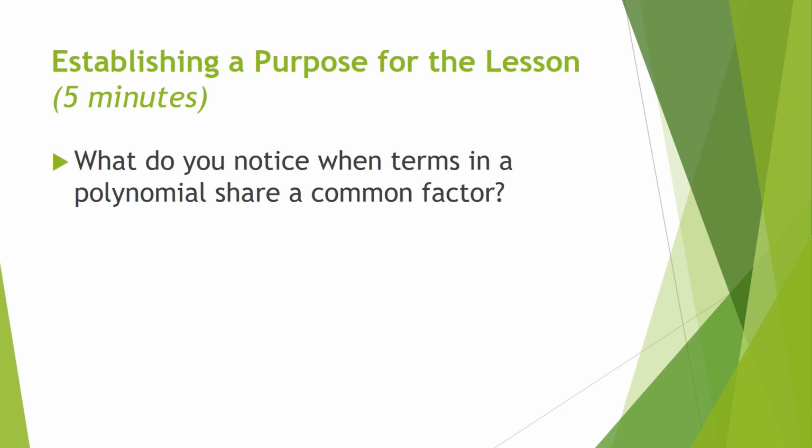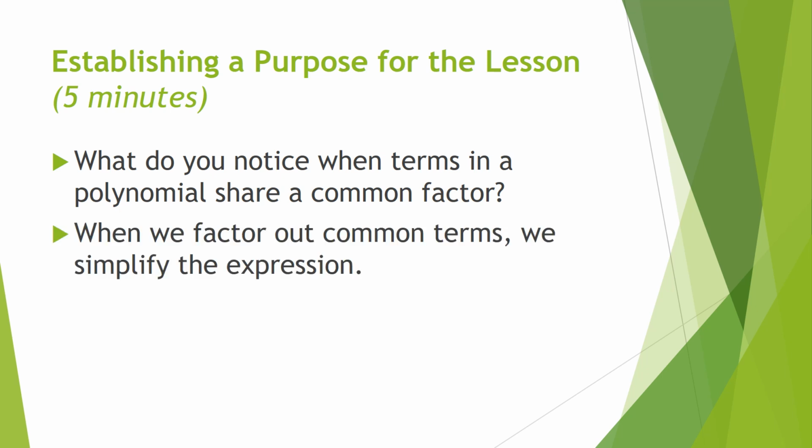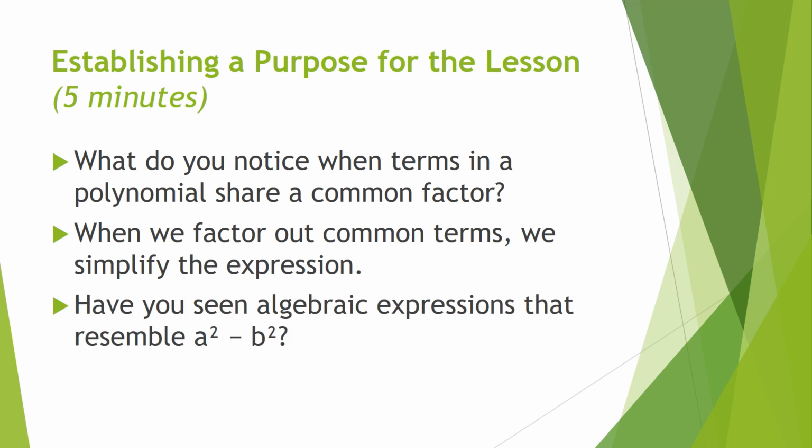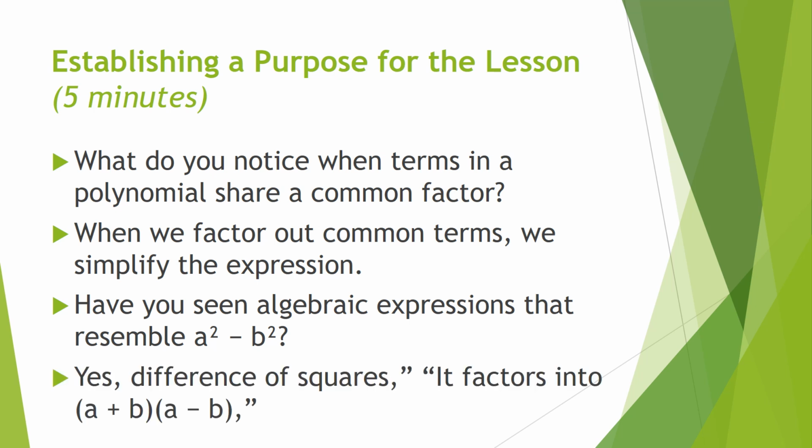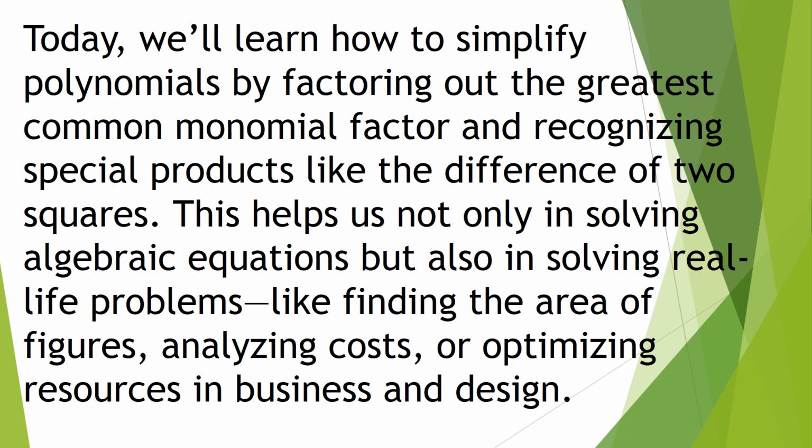What do you notice when terms in a polynomial share a common factor? When we factor out common terms, we simplify the expression. Have you seen algebraic expressions that resemble a squared minus b squared? Yes, difference of squares. It factors into a plus b times a minus b.